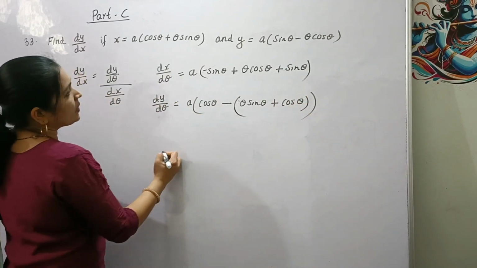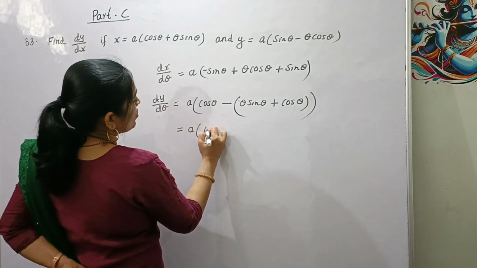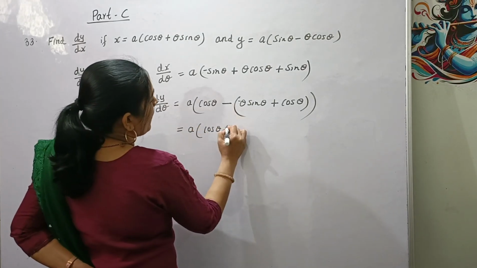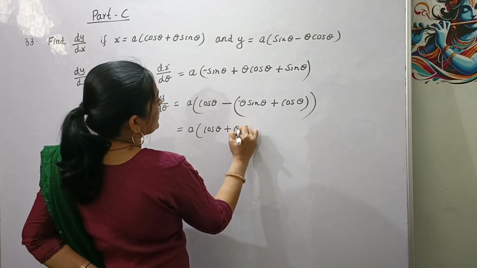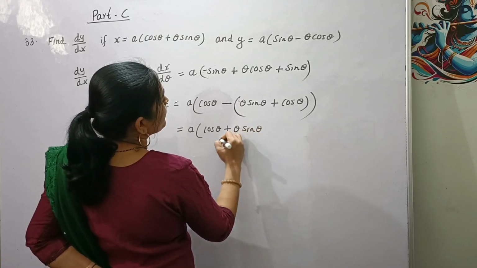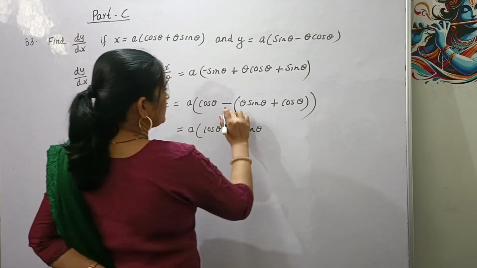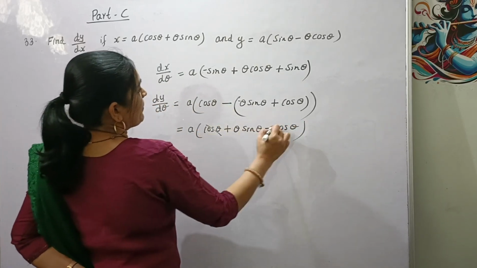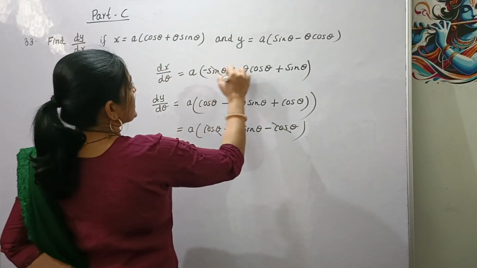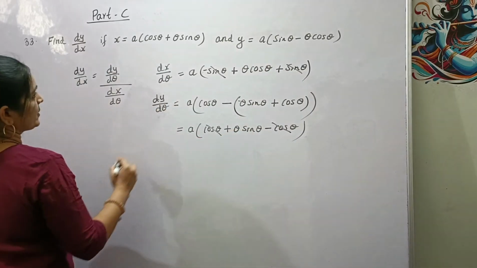So here, a into cos theta plus theta sin theta minus cos theta. Okay, cos theta minus cos theta cancelled. Here minus sin theta plus sin theta cancelled.